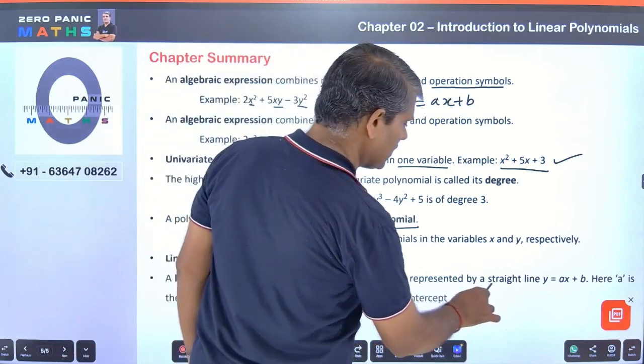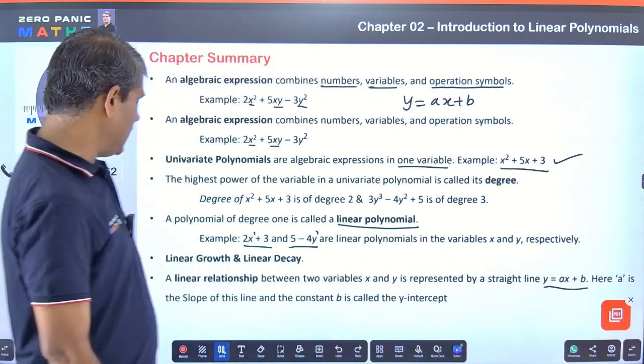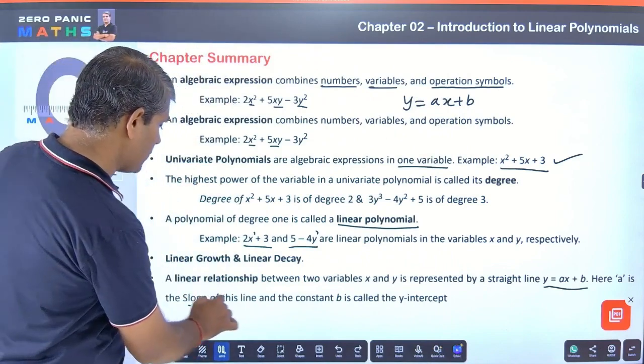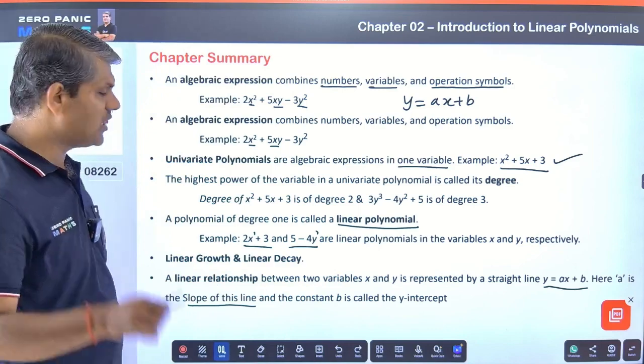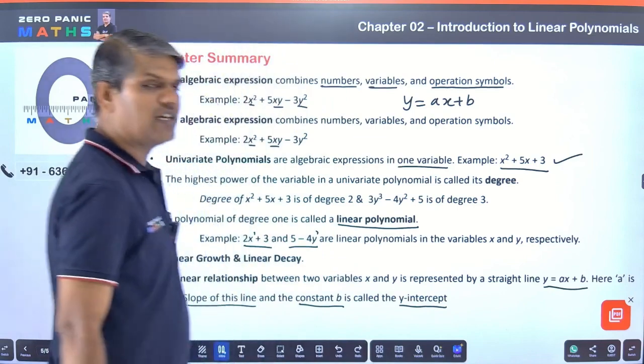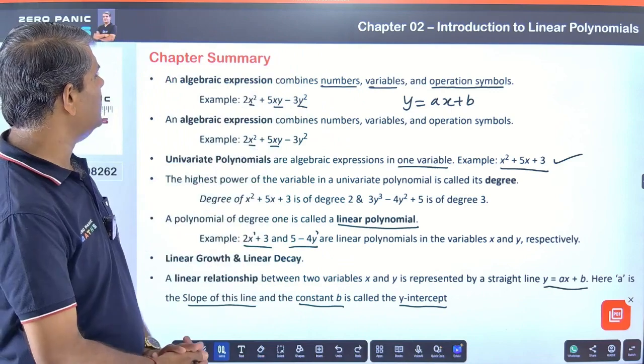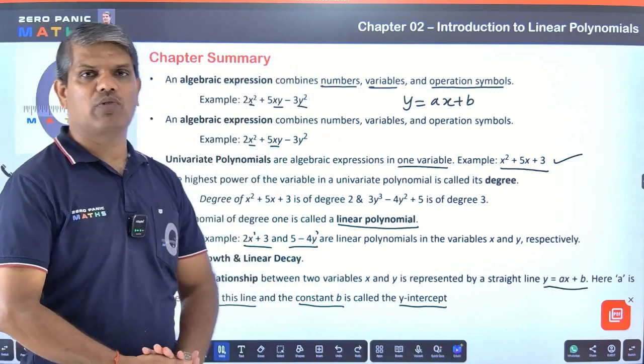It is represented by a straight line, y is equal to ax plus b, where a is called the slope of this line, and the constant b is called the y intercept. So this is a simple summary of this chapter that we have studied.